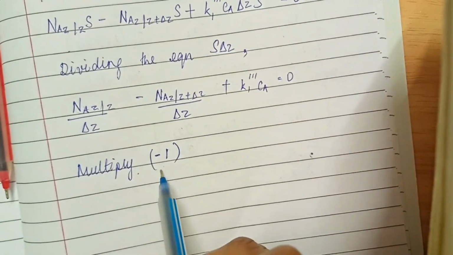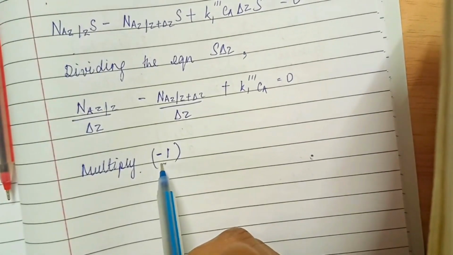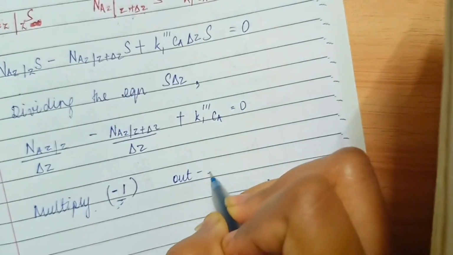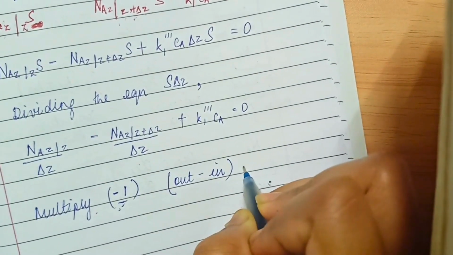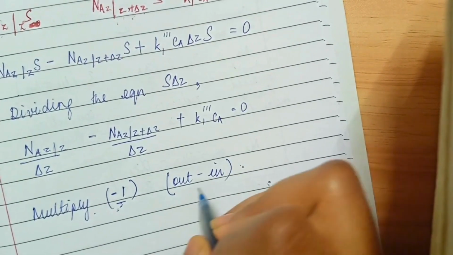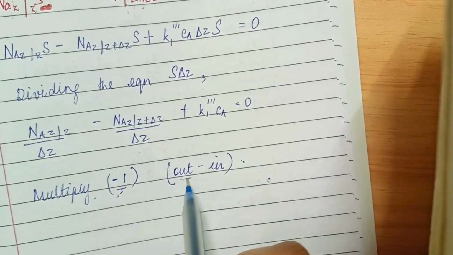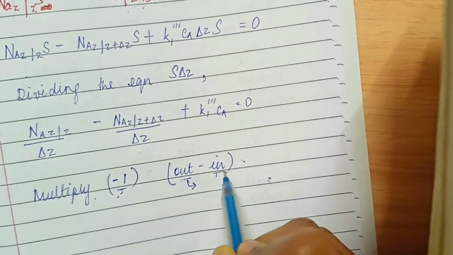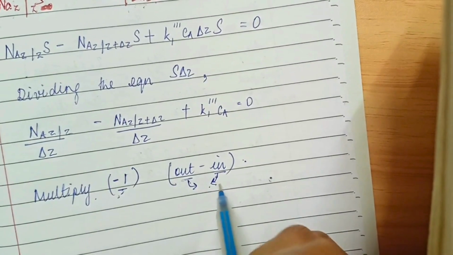So you might think why we multiplied the whole equation with minus 1. This is done to fulfill the condition of out minus in. Always we need to fulfill the condition where we take a difference between the out and the in of the property which we are working with.